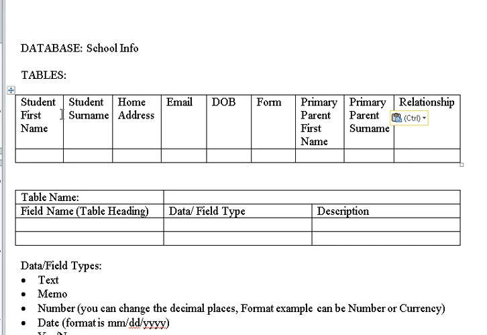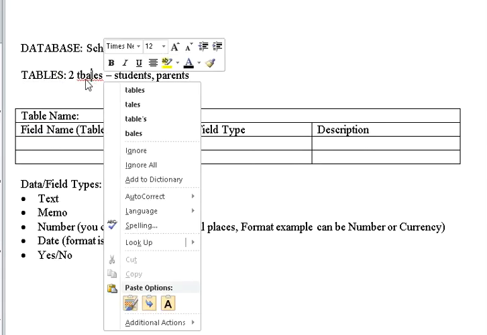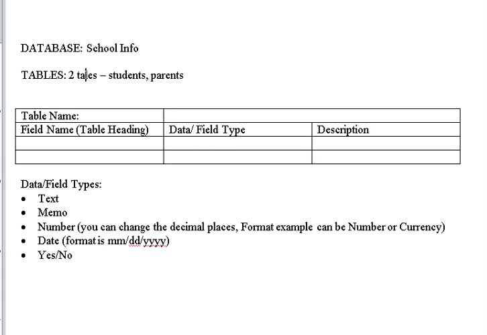So what we're going to do, in a database, you can have many tables. So as I said, we want to have two tables, one for students and one for parents. All right. Now, what does this table look like?